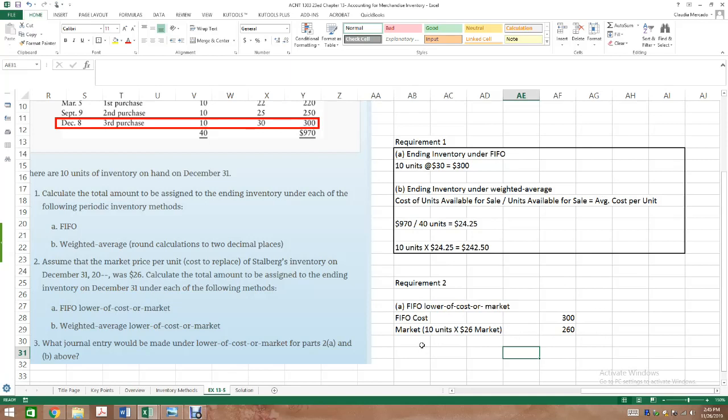You have to choose which one is the lowest. Okay, the lower of the cost or market. Okay, so I am going to choose the market because it is lower. So you have to compare your cost versus your market, and whichever one is the lowest, that's the one that you're going to choose. So I'm choosing market for that one, for letter A.